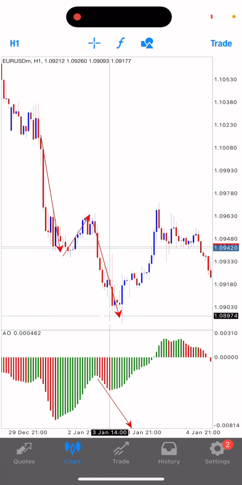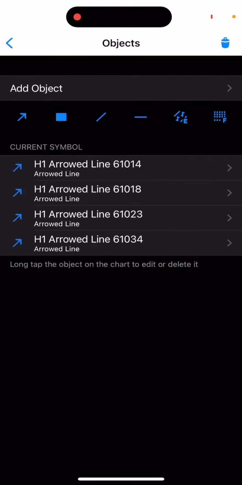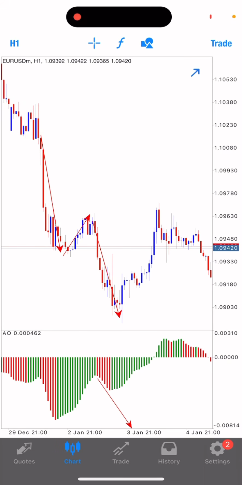The market formed a lower low here, but the awesome oscillator failed to form a lower low. This means the market doesn't have enough momentum to go to the downside again, and it is going to lead to a reversal. This is what we call divergence: the market is dropping but the awesome oscillator is showing loss of momentum.